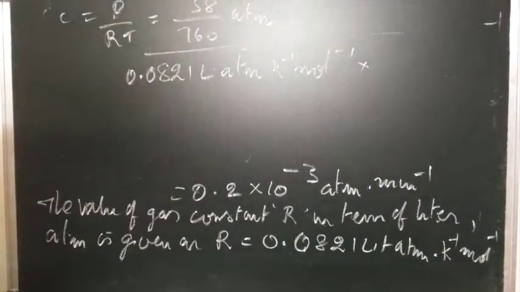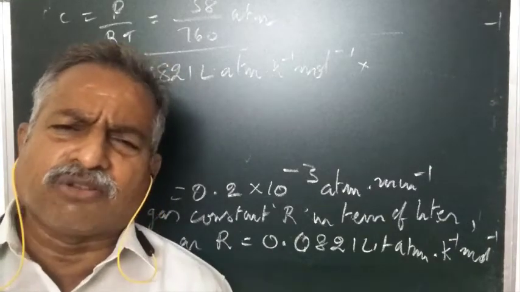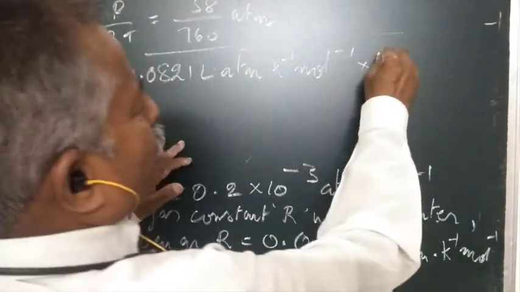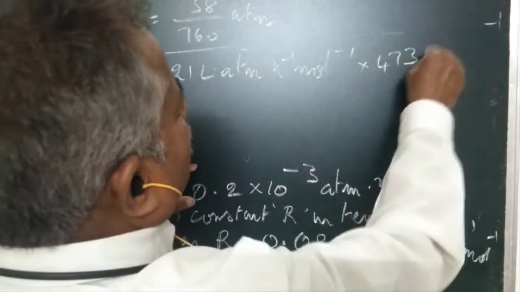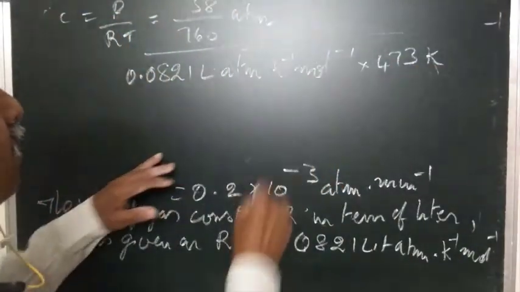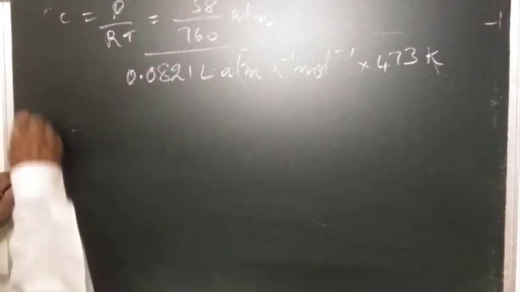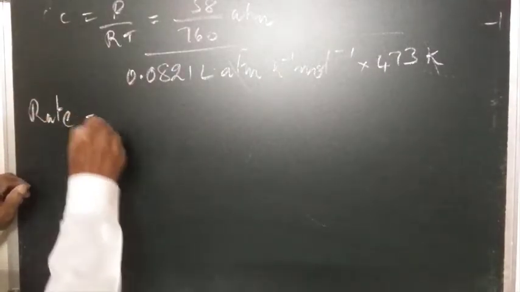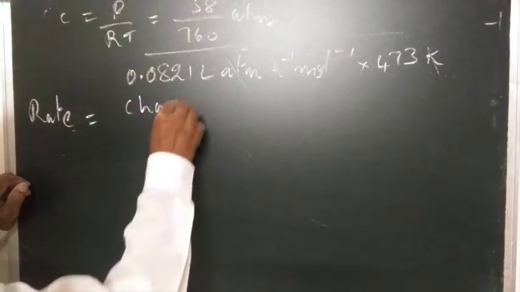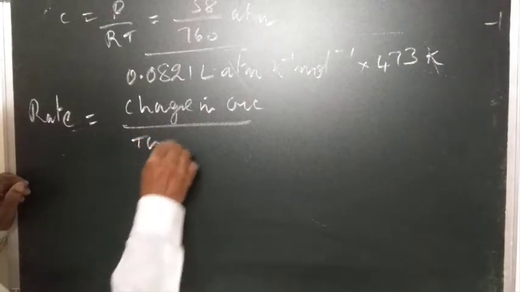Temperature is 200 degrees centigrade. If we convert this 200 degrees centigrade into Kelvin, this becomes 473 K. So K get cancelled, atmosphere get cancelled. So this is nothing but rate equal to change in concentration by time.